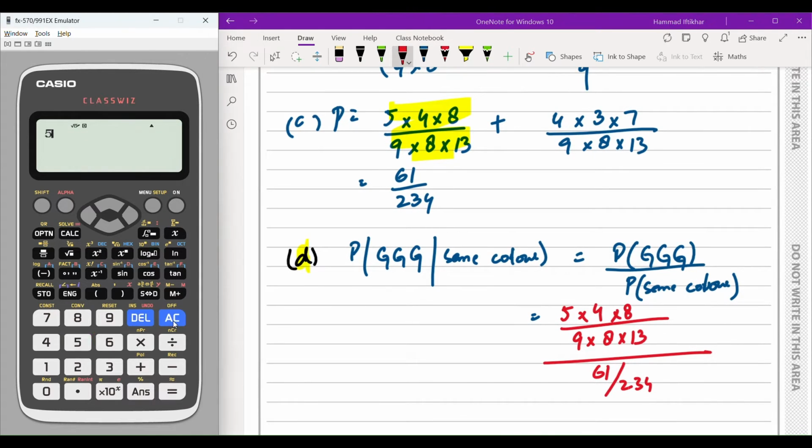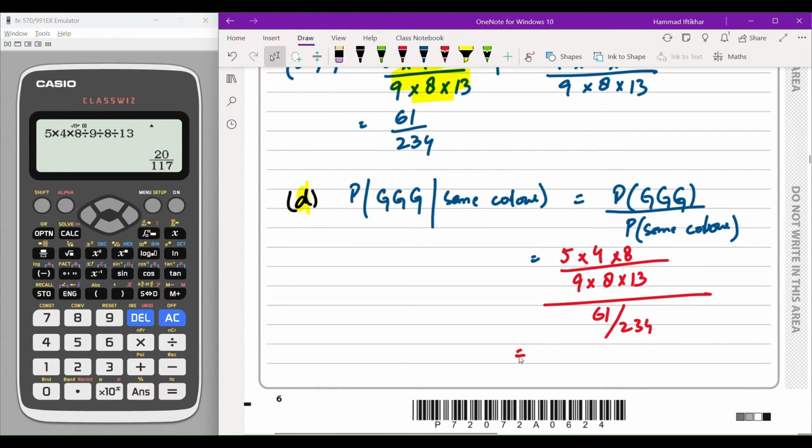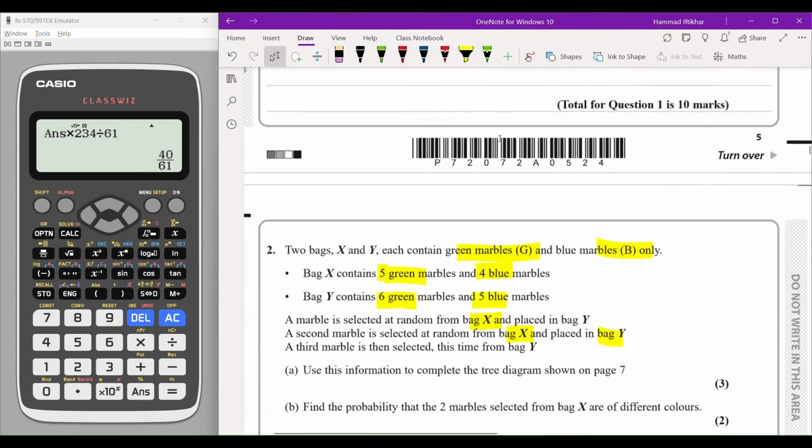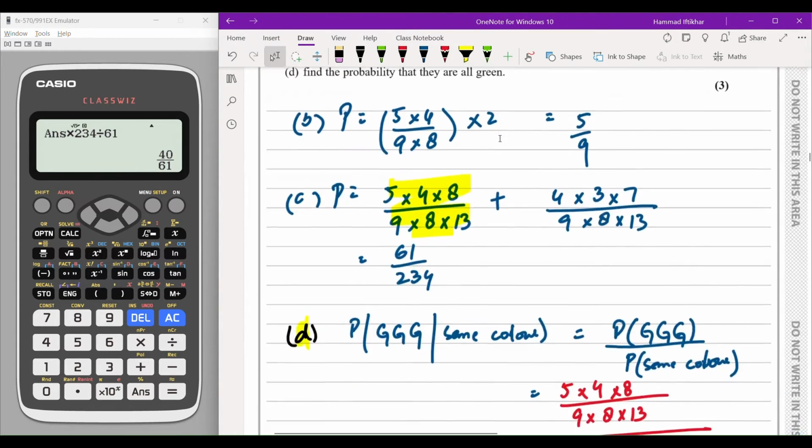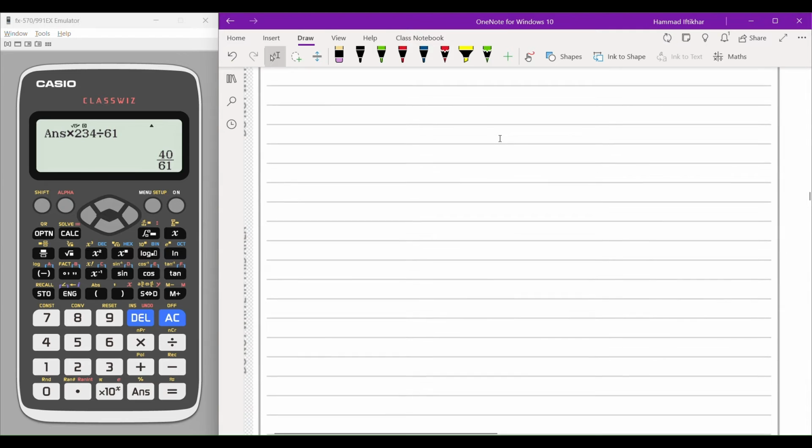So 5 times by 4 times by 8 divided by 9 divided by 8 divided by 13, that is 2117 times by 234 divided by 61. So 40 over 61. Right, this was straightforward. Okay, moving on to the next question, number 3.